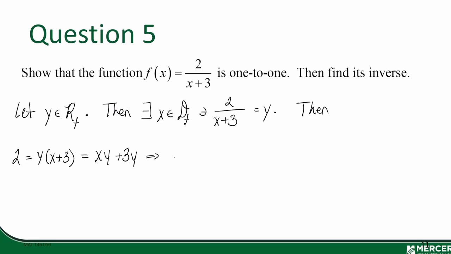That means 2 minus 3y has to equal x times y.